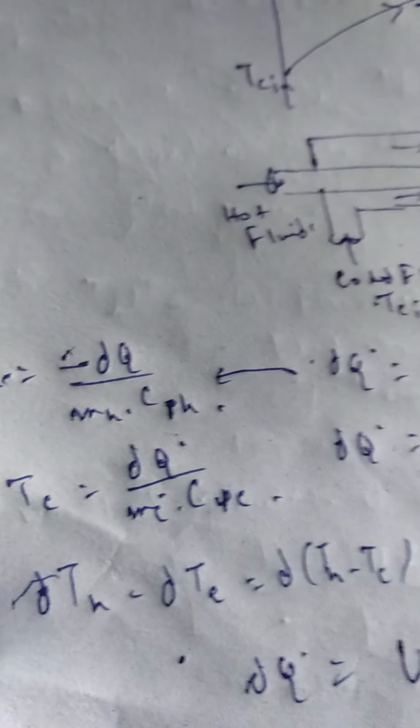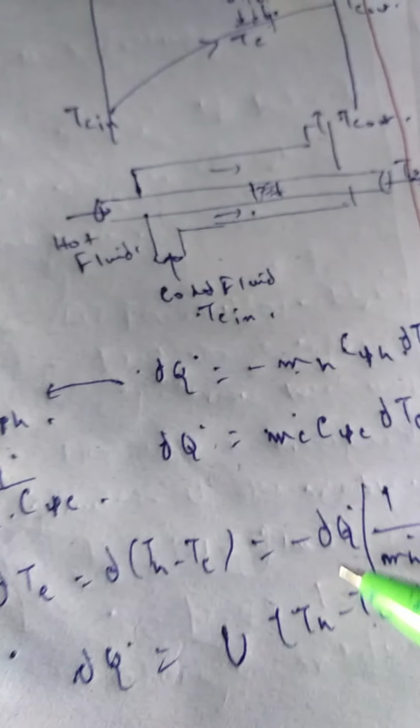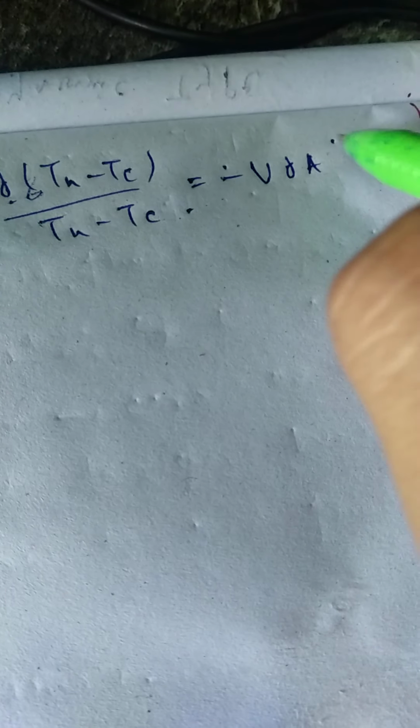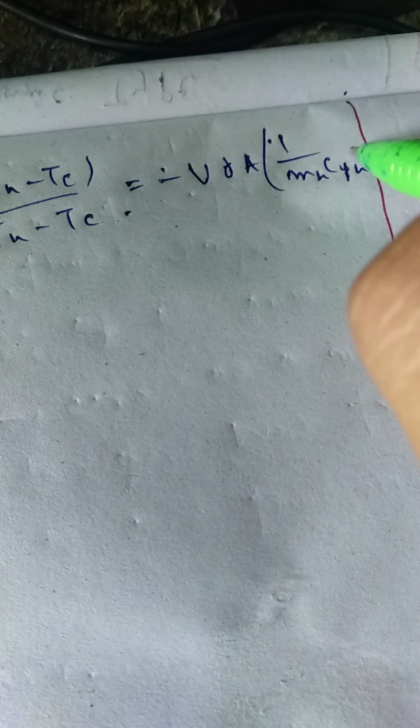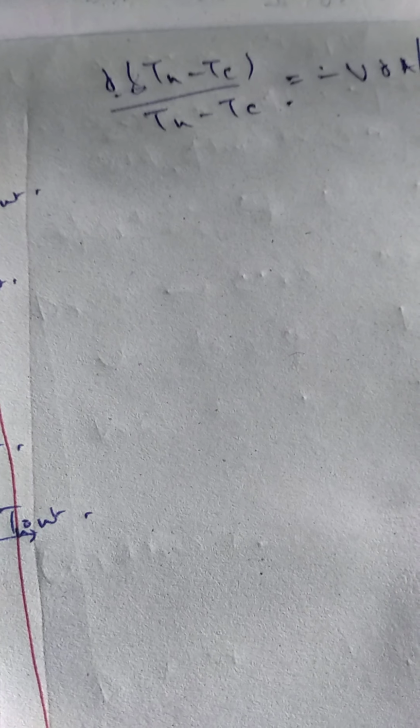We are taking this Th minus Tc below, so d(Th minus Tc) by (Th minus Tc), and on the right hand side you will get minus U dA times (1 by mH Cph plus 1 by mC Cpc). So now we integrate on both sides.